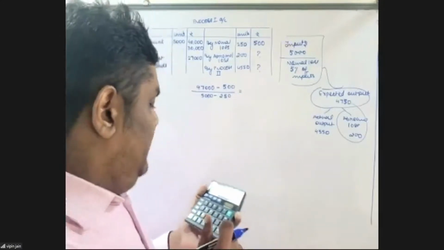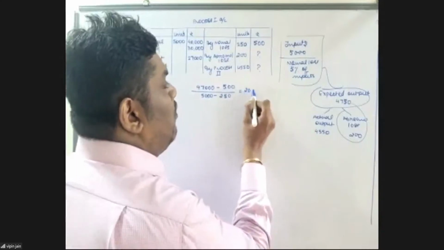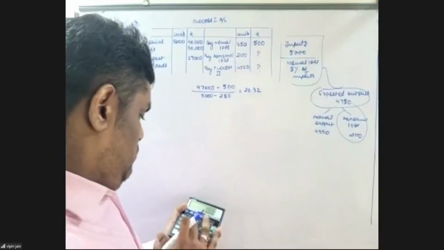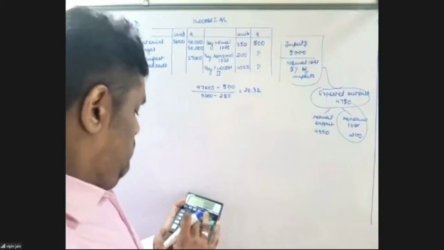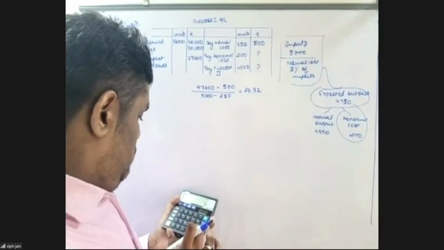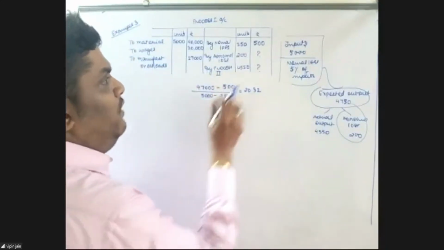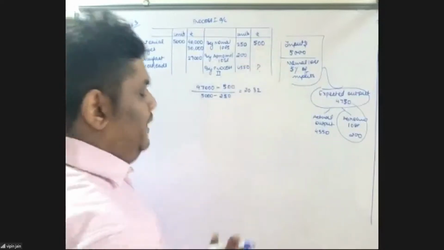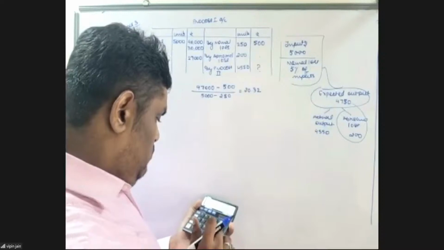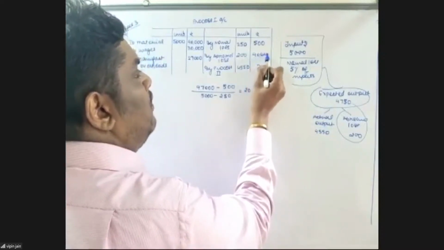So the value will be 20.32. So when talking about the value of abnormal loss, 200 into 20.32, this will be 4064.